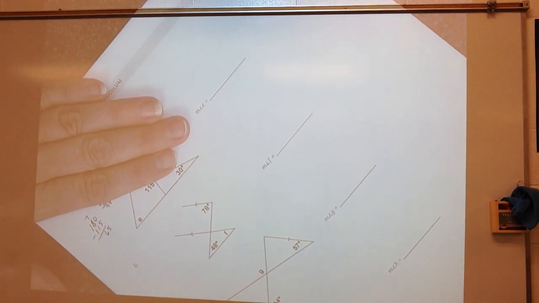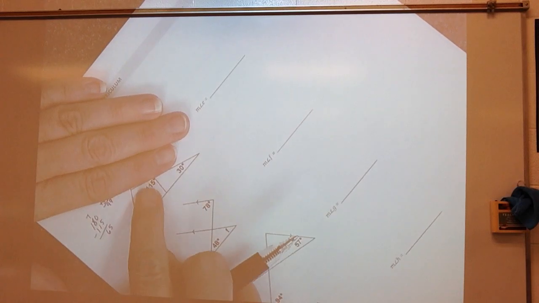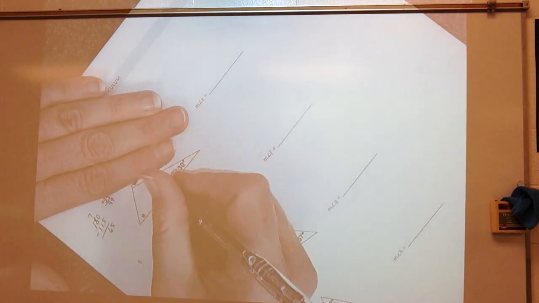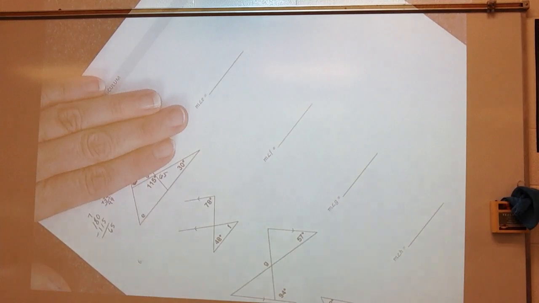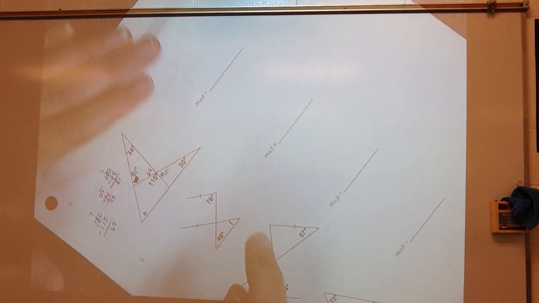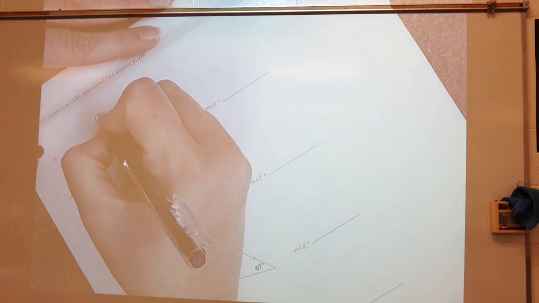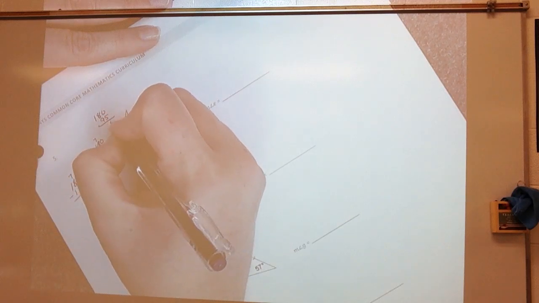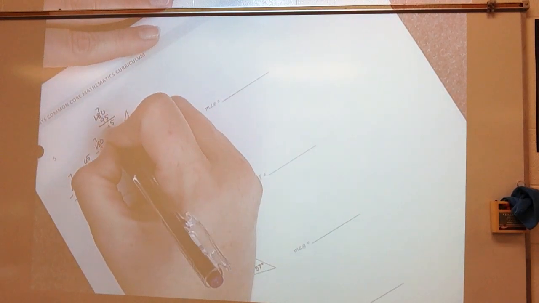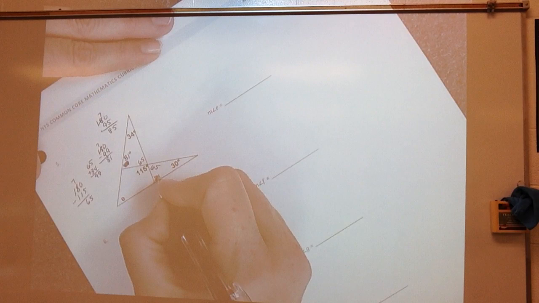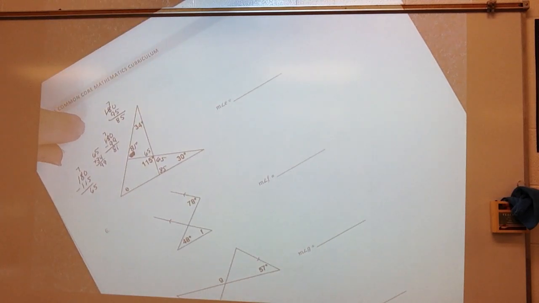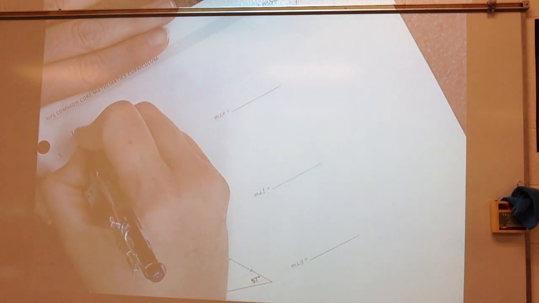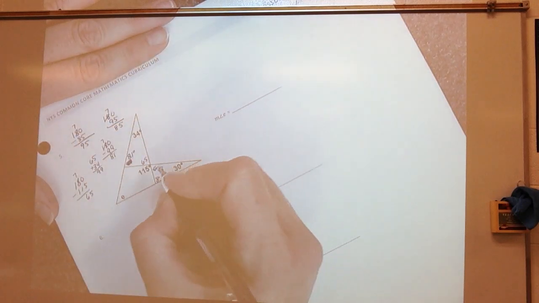And I'll show you why. So if this is 115, that means this has to be 65. That means that has to be 95, 180 minus 95 is 85. All right? Now, if this is 85, 180 minus 85 is 95.